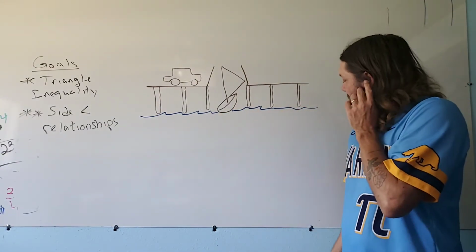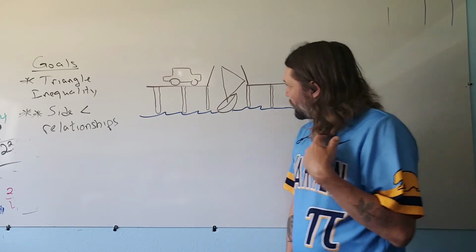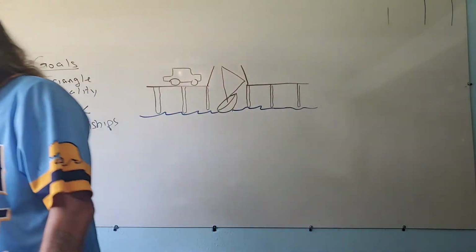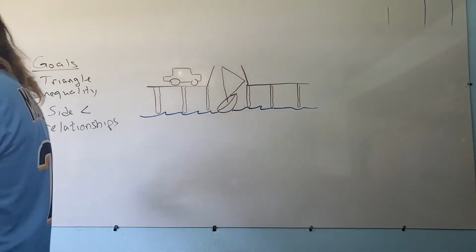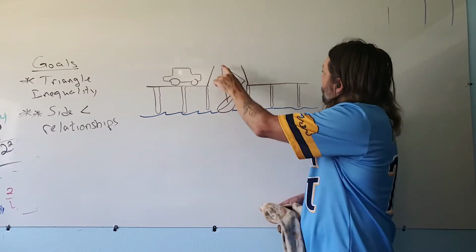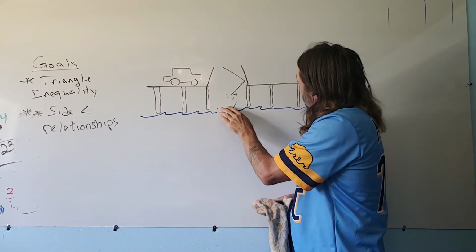So to me, the idea of a drawbridge actually is quite a good way to introduce the idea of the triangle inequality. So let's just say that this boat passes through. It made it through. We made it.